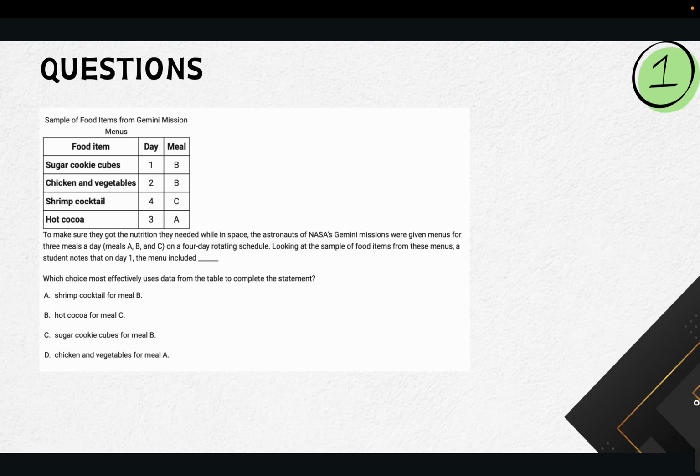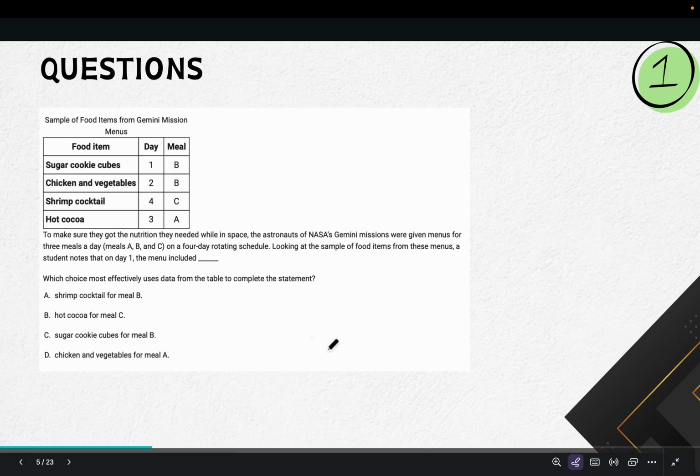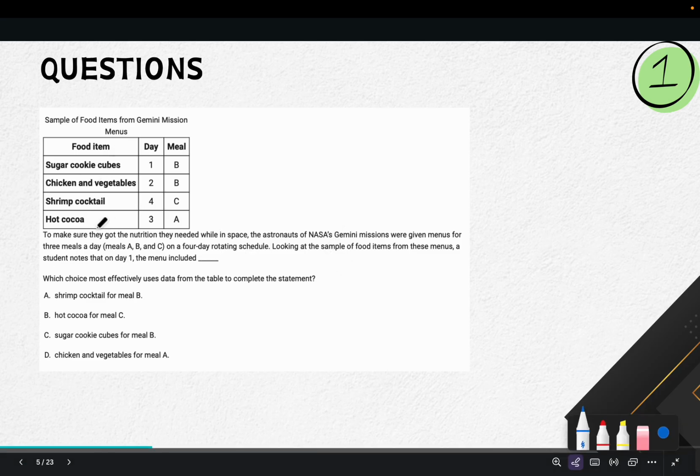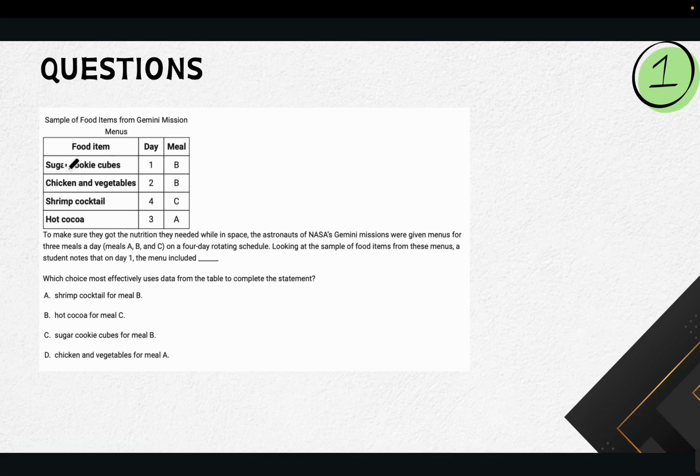If you still have not completed the question, you can listen to me explain it in under 1 minute, and here I start. Okay, guys, on this question we are given the data. We should look at the data very fast. A table is given to us with four options: day, meal, and food item, a sample of food items from Gemini mission menus.